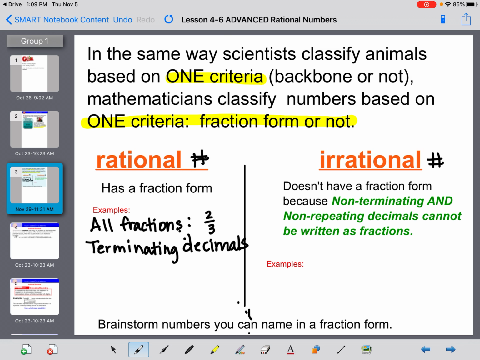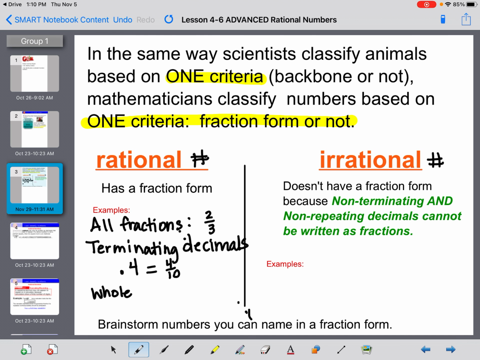For example, if I gave you the decimal 0.4, you could write this as a fraction, 4/10. If you can convert something to be a fraction form, then that number is rational.